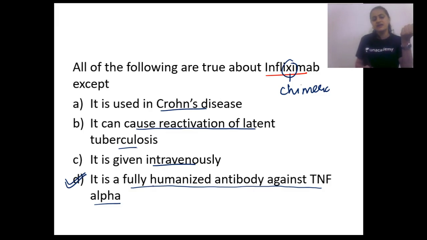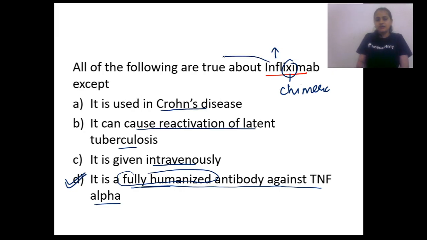Whether it is used in Crohn's or not, whether it causes reactivation or not, whether it is given intravenously, subcutaneously, orally, does not really matter when you know that this is the incorrect statement. That is the trick here, one of the important tricks to score more. Read all the options. When you know that this is the answer, do not worry about the rest of the 3 options. Correct? So important points about infliximab.